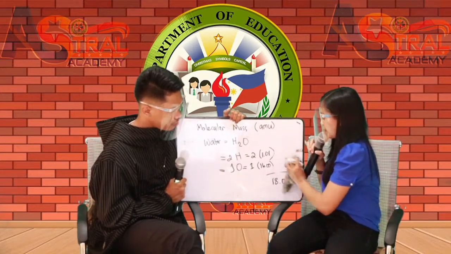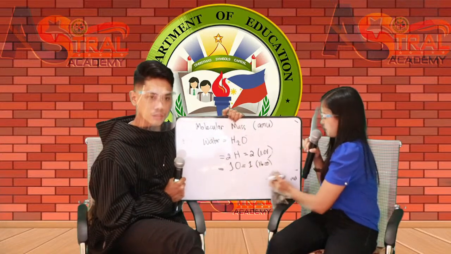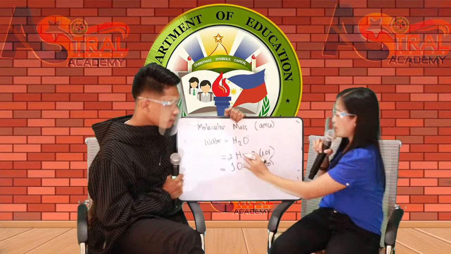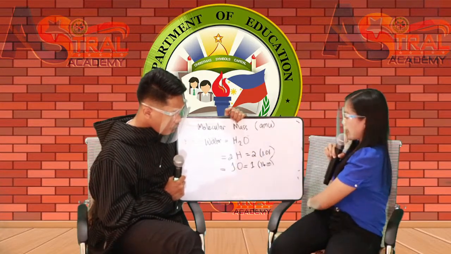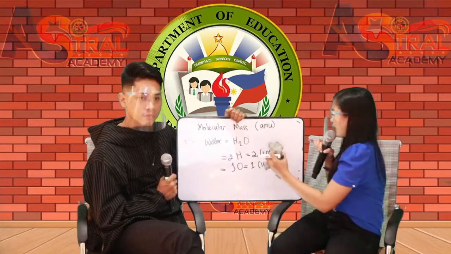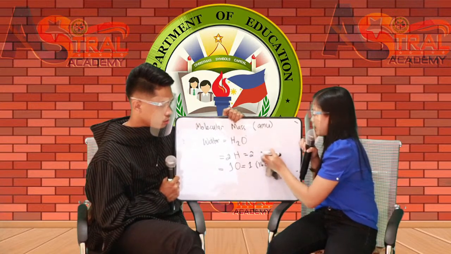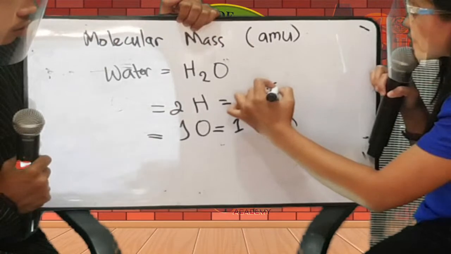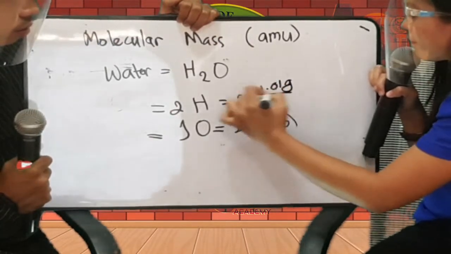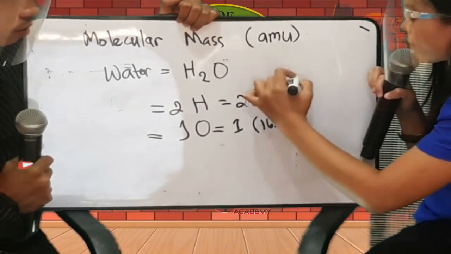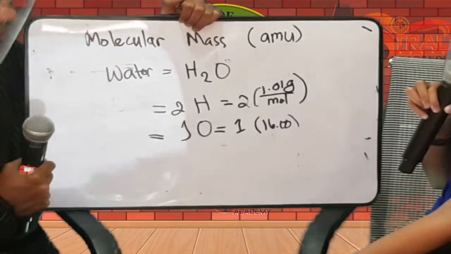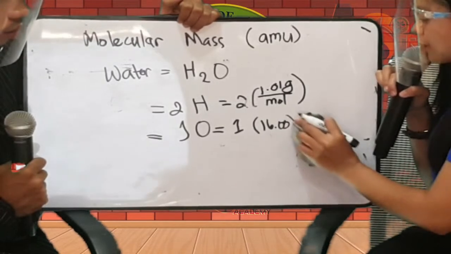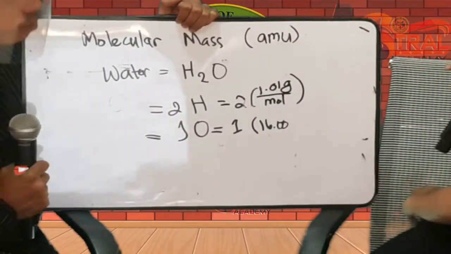So for the water molecule, again, it is composed of 2 hydrogen atoms and 1 oxygen atom. In every mole of hydrogen, it is equivalent to 1.01 gram. So we just multiply to get its molar mass. For oxygen, let's just add the unit, Sir Luino.